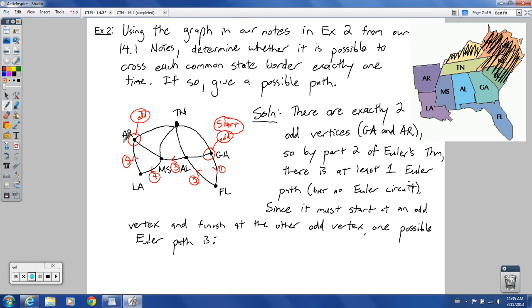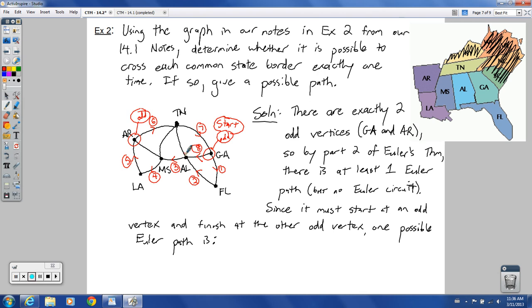This would be 5. I'm going to have to end here, but I'm going here. I'm going to keep going around the outside. 6, so I need to end there. So as I'm looping around here, I'm going around the outside. This is one possible way to do this. Oh, why don't I keep going around the outside there? So I went to here. Now I can't go back this way because I already went over that way, but I can go this way still.